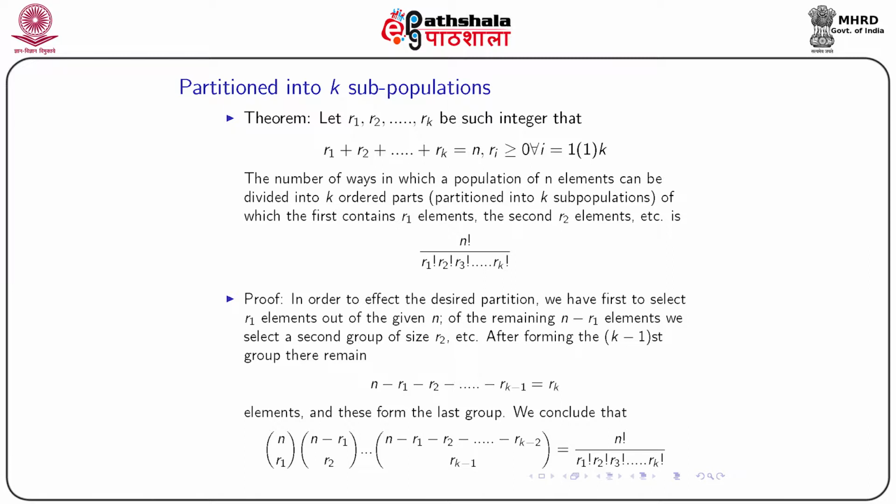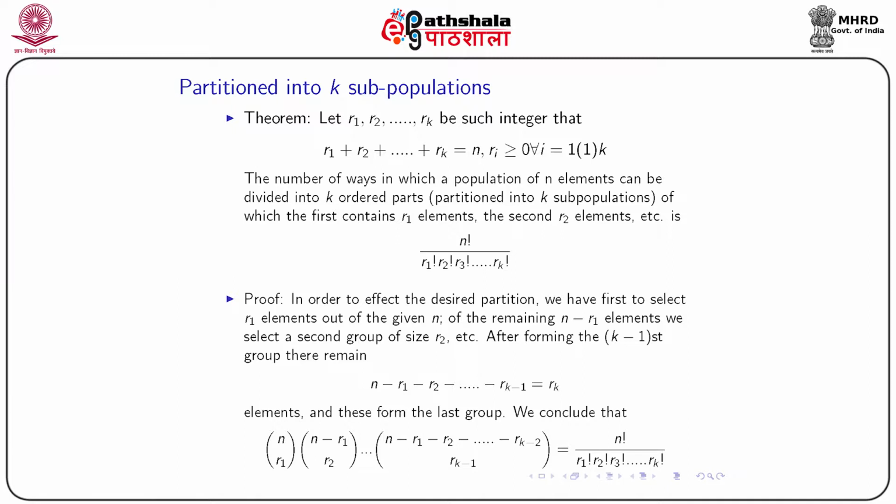We state the theorem. Let r1, r2, r3, ..., rk be integers such that the sum of all these ri's equals n, that is r1 plus r2 plus r3 plus ... plus rk is n, and all ri are greater than or equal to 0 for i from 1 to k. Ri greater than or equal to 0 means any cell can contain no ball or more than 1 ball.